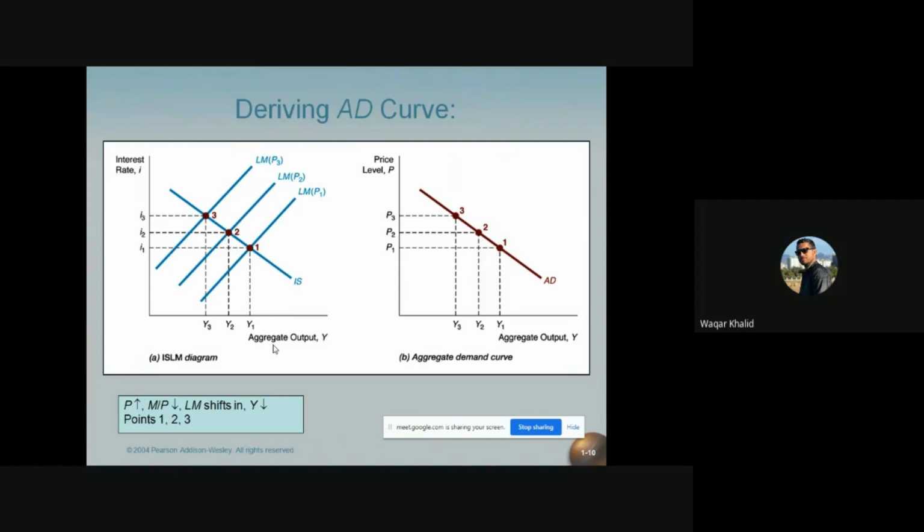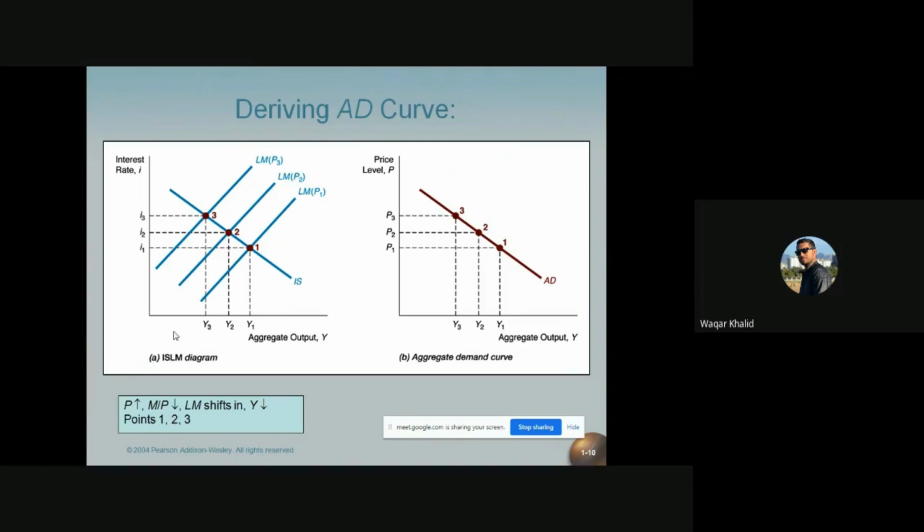When we conduct the ISLM analysis with the changing price level, we find that as the price level falls, the level of aggregate output rises. Thus, we obtain a relationship between the price level and quantity of aggregate output, for which the goods market and the money market are in equilibrium, and this is known as the aggregate demand curve.